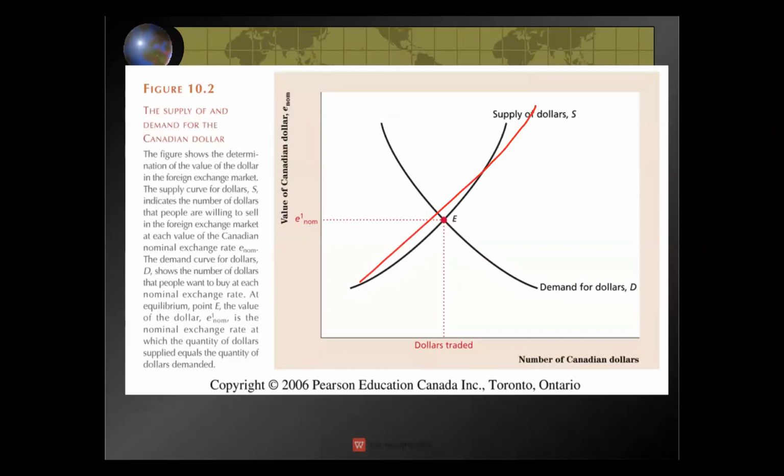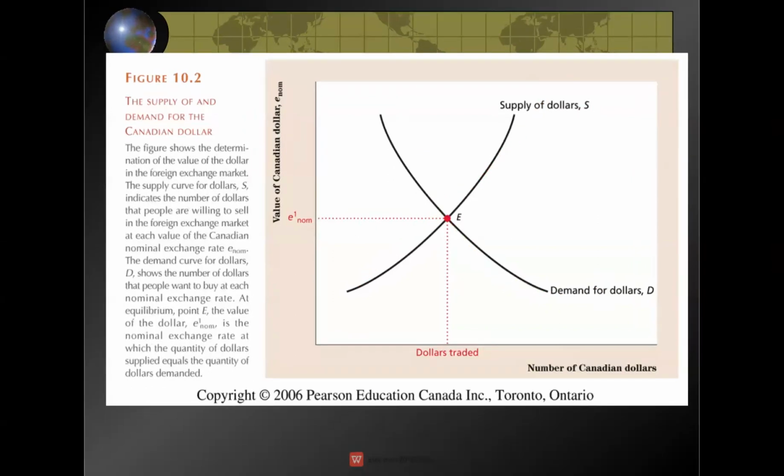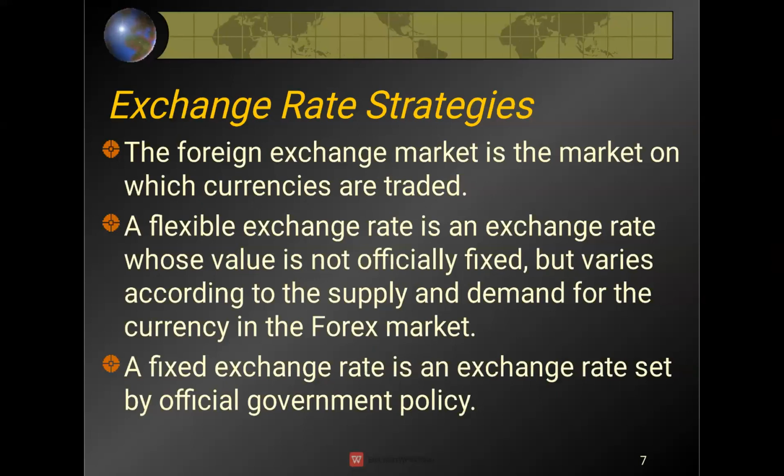Here is the amount of the currency being supplied and the amount of it that we can demand. Then the equilibrium point is what we call the nominal value, the exchange rate that brings that market into equilibrium, where the amount of the currency demanded is equal to the amount supplied.